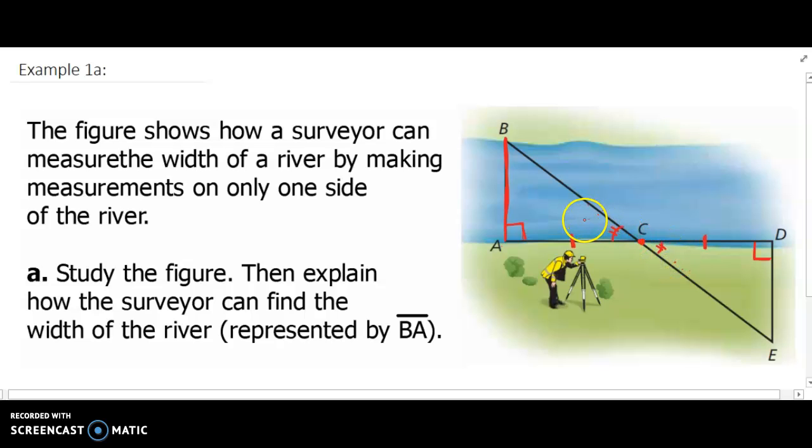And if these are congruent triangles, then I would know that this side is congruent to this side by CPCTC, by corresponding parts of congruent triangles are congruent. And I could physically measure this side without crossing the river. Okay, so now let's put that in a proof.